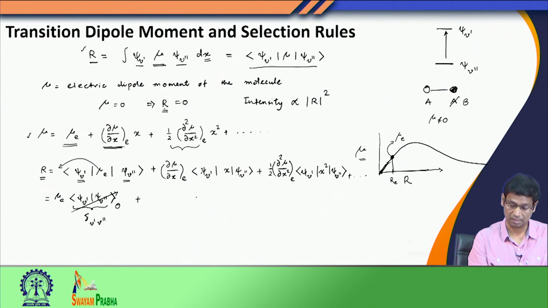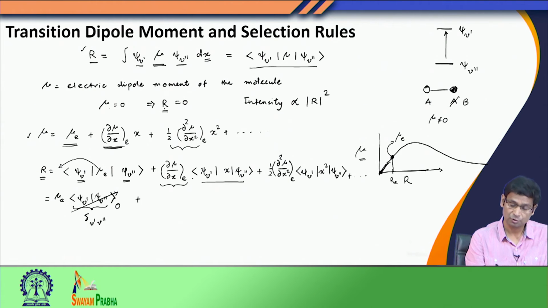Now, I am left with the higher order terms. So, I have this constant and I look at this term over here. I see that I have this particular integral, which has psi v prime in the bra, x, and psi v double prime in the ket. Psi v prime and psi v double prime are harmonic oscillator functions, which are given by Hermite polynomials multiplied by the normalization constant and e to the power minus x square by 2.